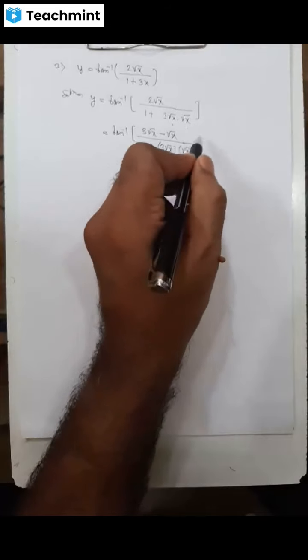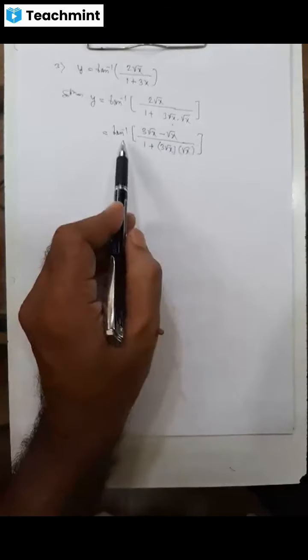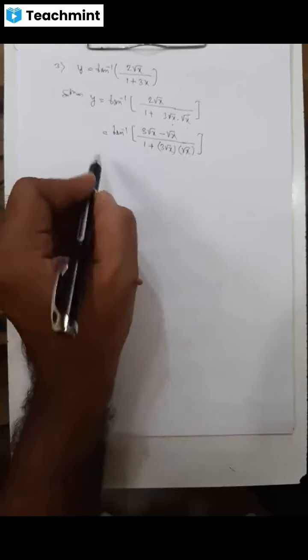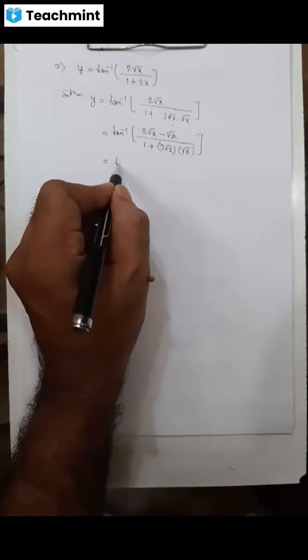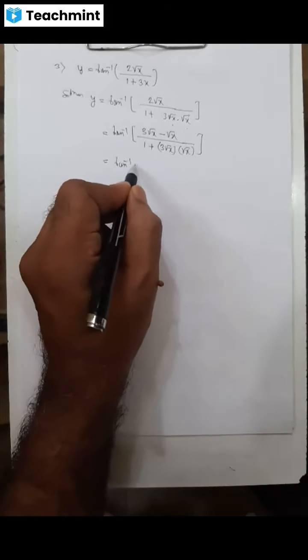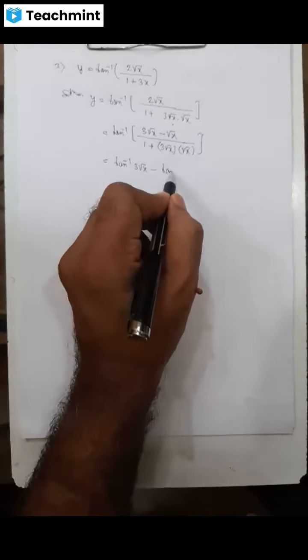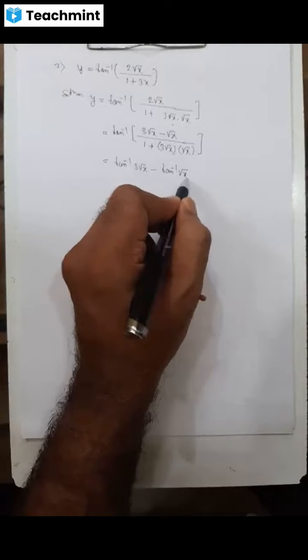And this is in the standard form. Now the formula is tan inverse of a minus b divided by 1 plus a into b. Now apply the formula. So it is equal to tan inverse a, which means 3 root x, minus tan inverse b, which means root x.